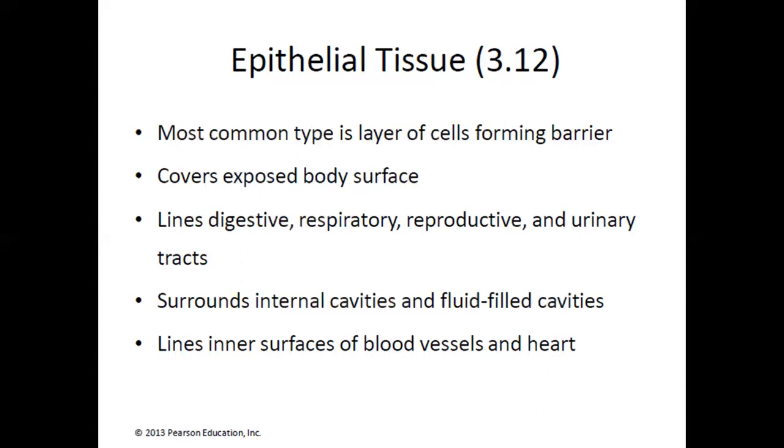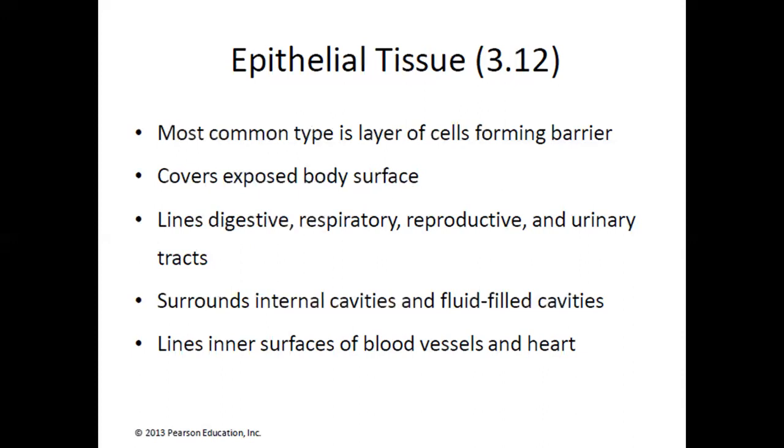Epithelial tissue can also surround internal cavities and fluid-filled cavities. We will talk a little bit later about how you can find it as part of a membrane. And membranes line internal cavities, like the thoracic cavity or the abdominal cavity, or the pleural cavity, created by membranes that have a layer of epithelial tissue. And epithelial tissue also lines inner surfaces of blood vessels and the heart.